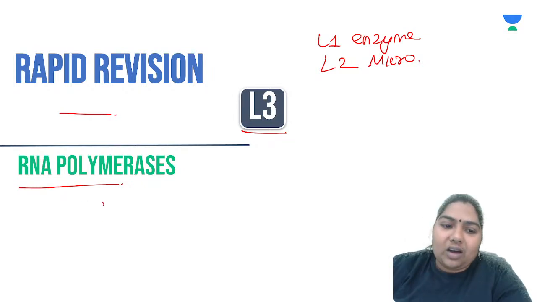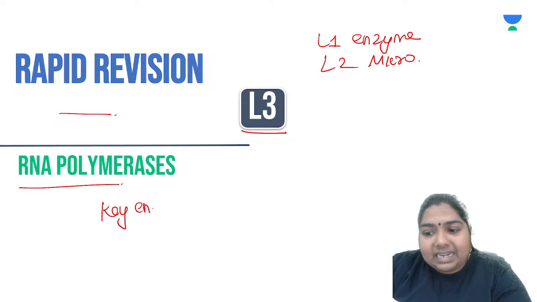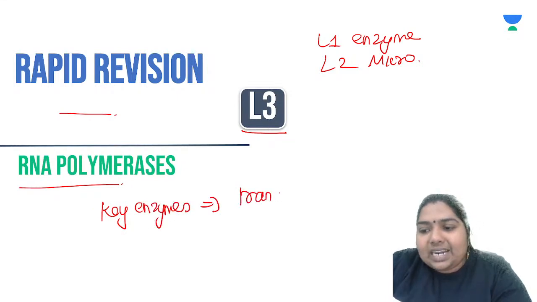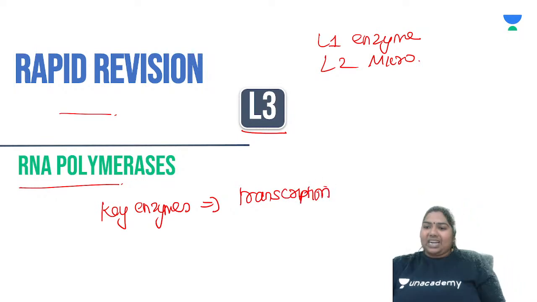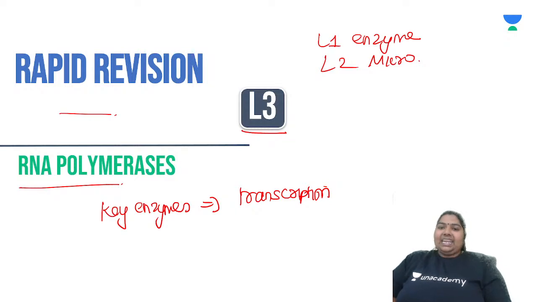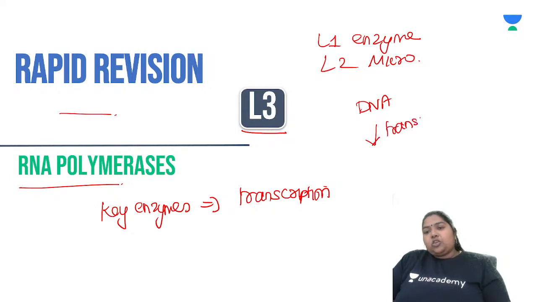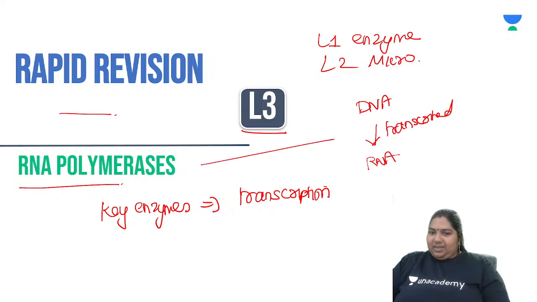RNA polymerases are the key enzymes that participate in transcription. Transcription is the process where DNA is converted to form RNA. DNA is getting transcribed to form RNA, and this is taken care of with the help of RNA polymerase.